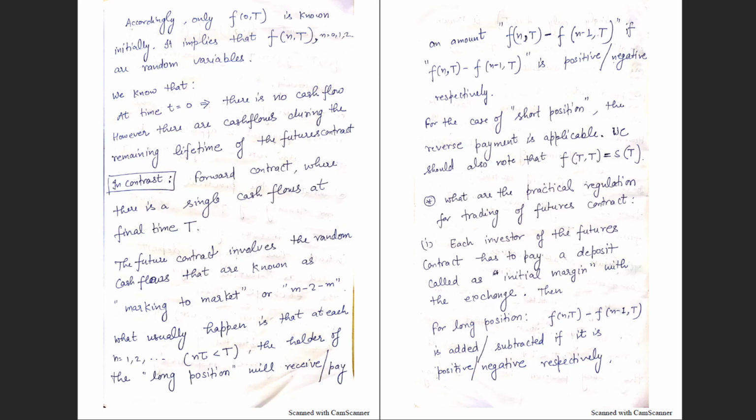Because it is an exchange traded and regulated contract, let us learn a little about the practical regulations in the exchange traded market for trading futures contracts. First, for eliminating risk, every investor in futures contracts has to pay a minimum deposit called the initial margin, so that if he or she wishes to default, the exchange can pay the other party from that initial deposit.